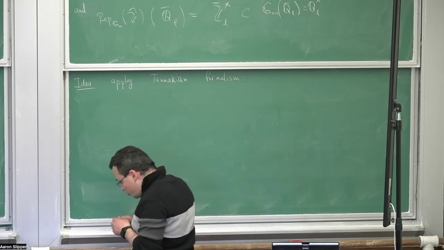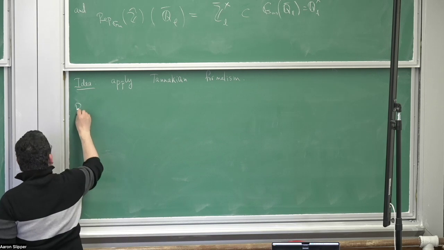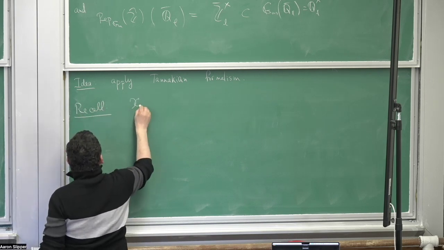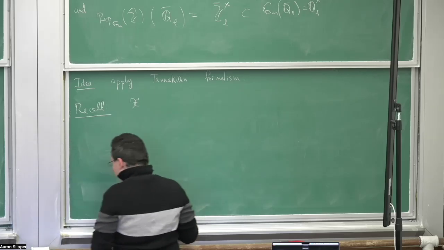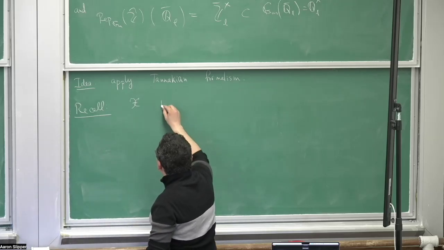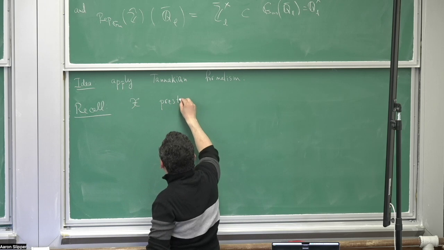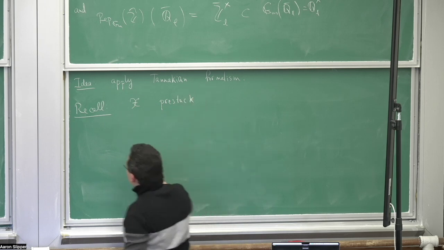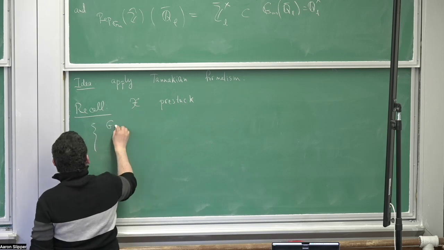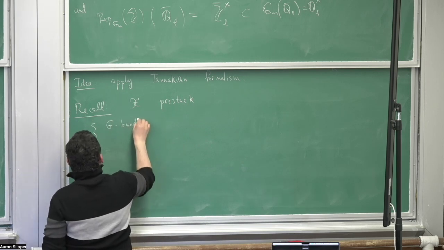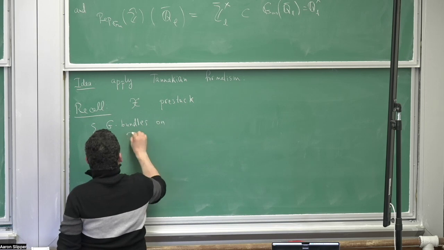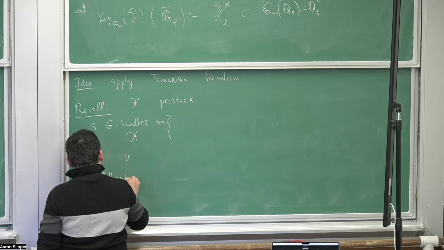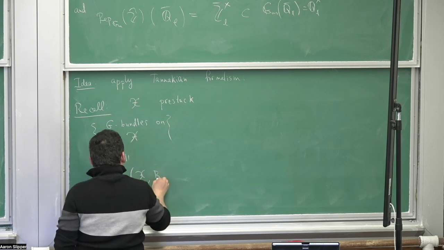So what I mean by this is, let me remind you. Suppose X, let me just do this in the greatest amount of generality, is some pre-stack. Then there's an equivalence between G-bundles on X, which of course is the same thing as maps from X to BG.